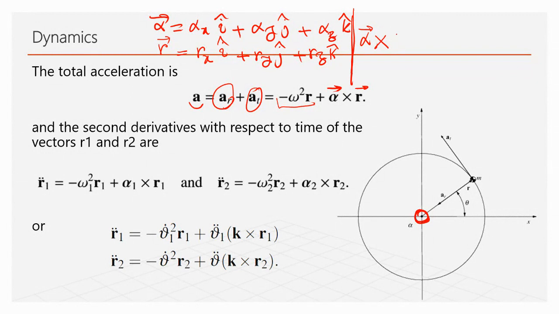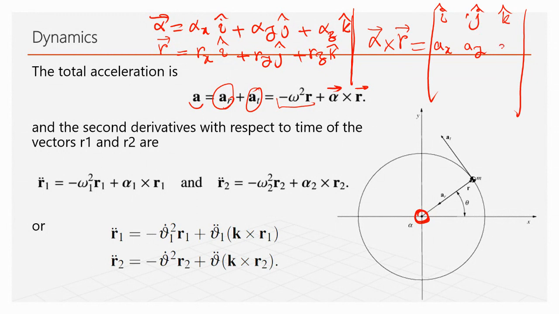Alpha cross r becomes a determinant: i, j, k, you put them there, then goes the first vector, components alpha x, alpha y, alpha z, and the components of the second vector, r x, r y, and r z. You find the cross multiplication.